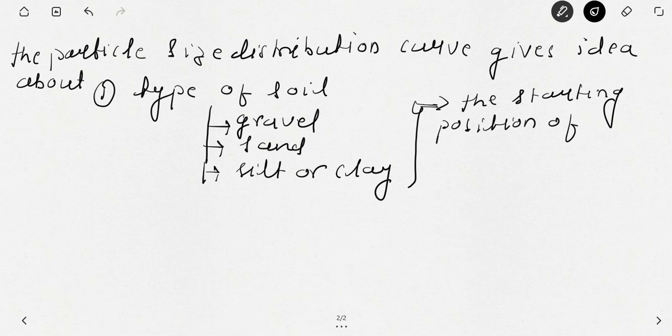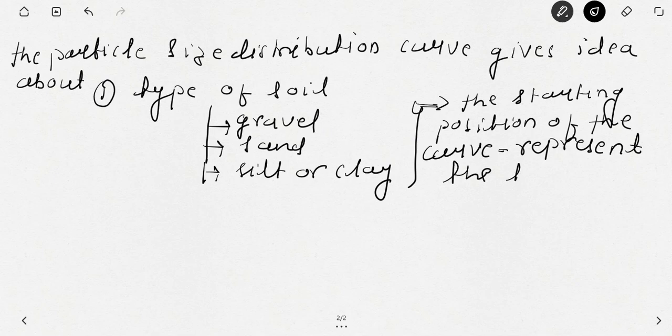So just by looking at the position of the curve along x-axis. So the starting position of the curve represents the type of soil, on the basis of size D.